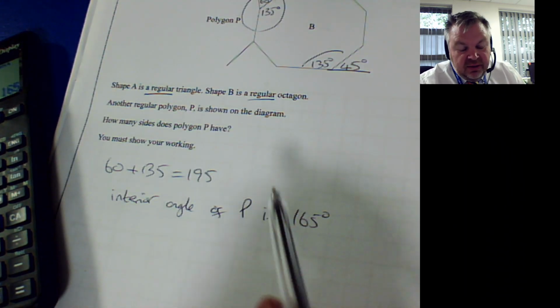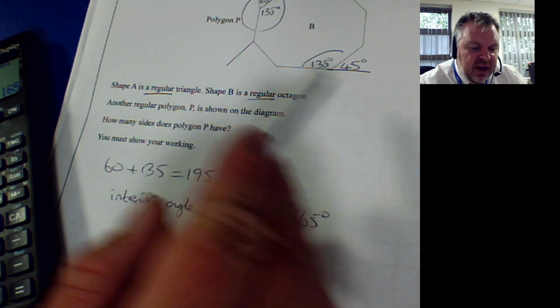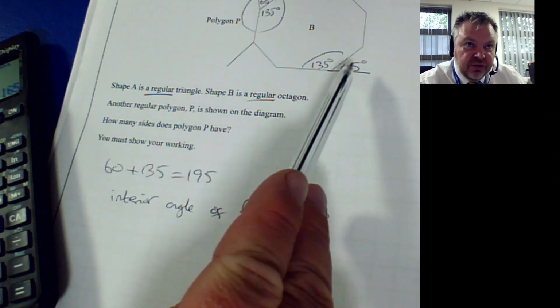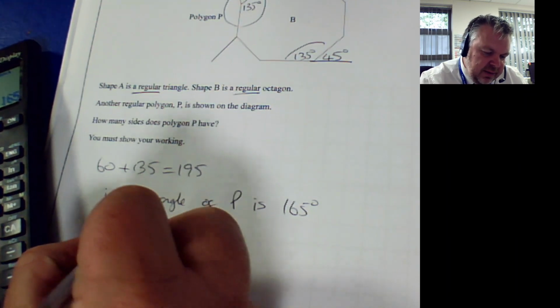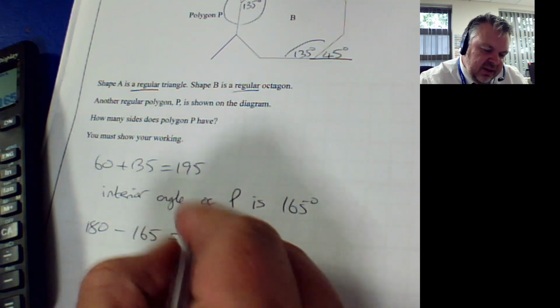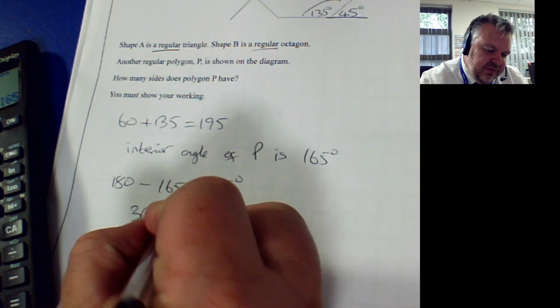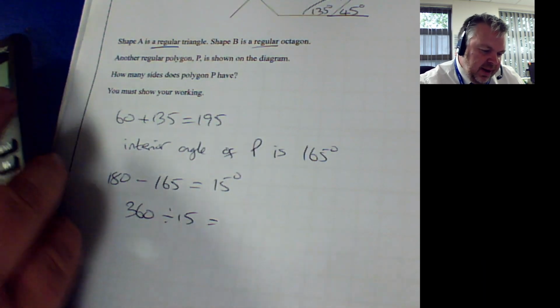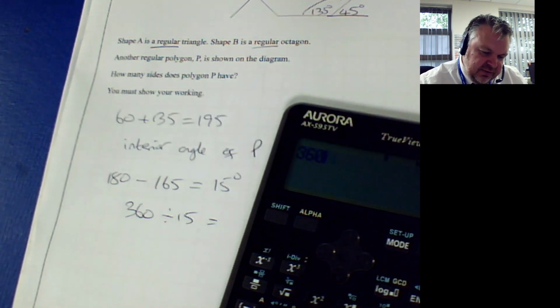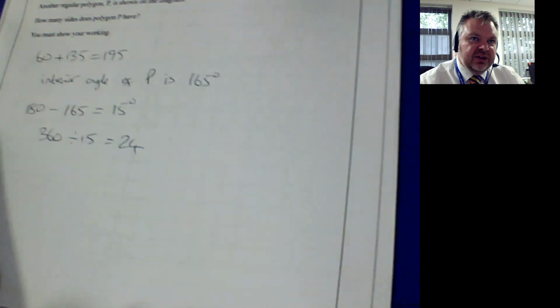Now this isn't a shape that I know off the top of my head that has an interior angle of 165. I'm going to use my exterior angle fact again. I'm going to take that away from 180. So 180 minus 165 gives me 15 degrees, and then I'm going to do 360 divided by 15 degrees, and that'll tell me how many sides my shape has. So 360 divided by 15, 24. So this is a 24-sided shape. Okay.